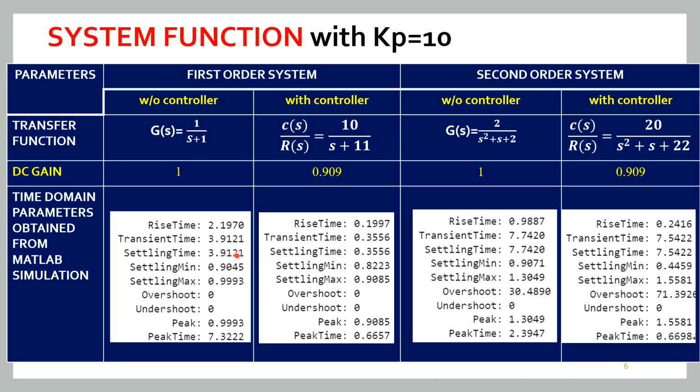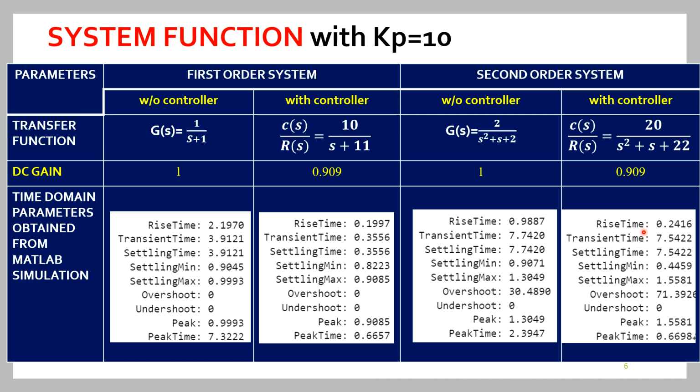What are the time domain specifications? Rise time, peak time, settling time, overshoot, and so on. Let us compare the first case, rise time without and with the controller for the first order system. My rise time is initially 2.19, and now it is 0.19 seconds. For the second order system, my initial rise time is 0.9887 seconds, and for the second case it has reduced to 0.2416 seconds.